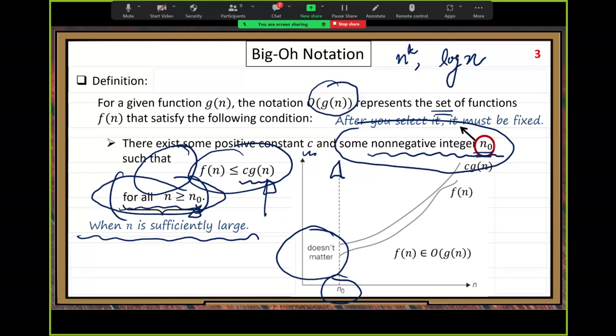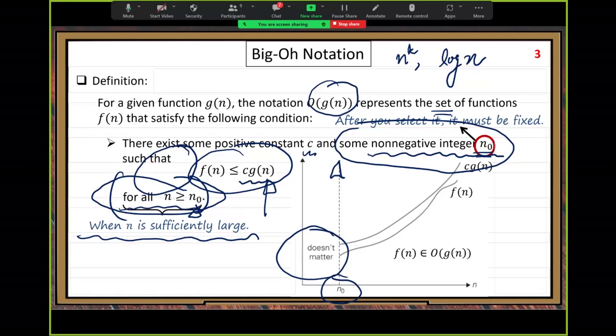You may ask why we do it like this. Why doesn't this part matter? The reason is that it's the early stage for the n value. When we do experiments, we choose relatively small n values. The performance of the efficiency function when n is relatively small is not important when we compare algorithm efficiency.